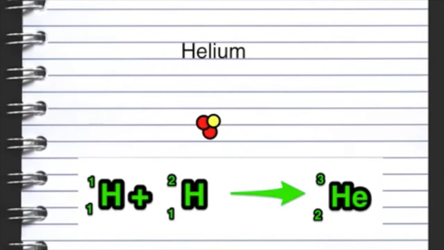So how do we get the energy for this? During the fusion process, a small amount of mass is lost, and that is given out in the form of energy according to Einstein's equation of E equals mc squared. So the mass that's lost is multiplied by the speed of light squared, which gives you that energy.